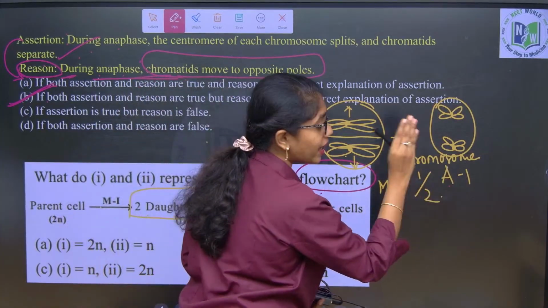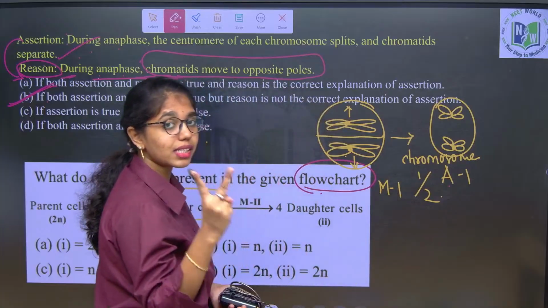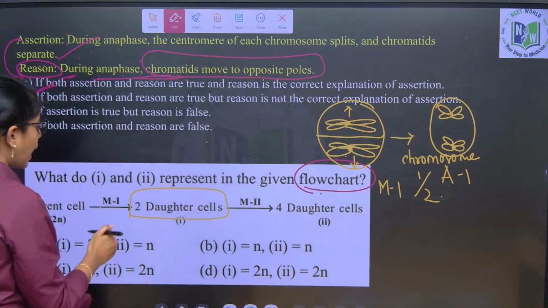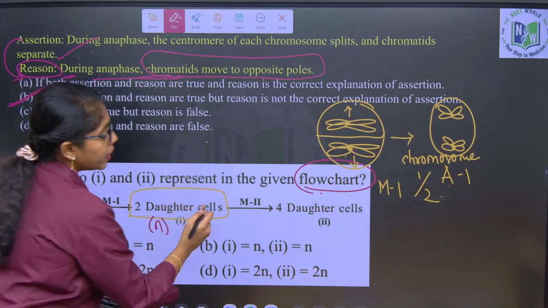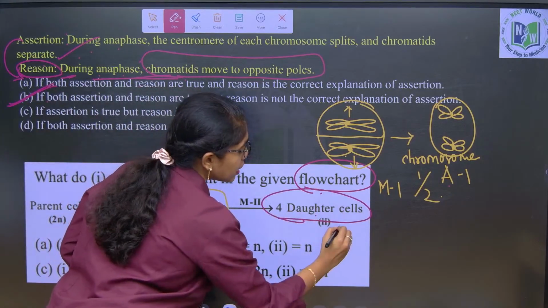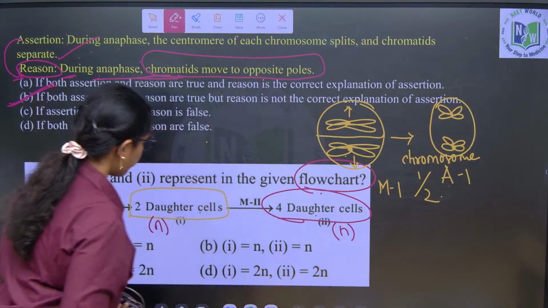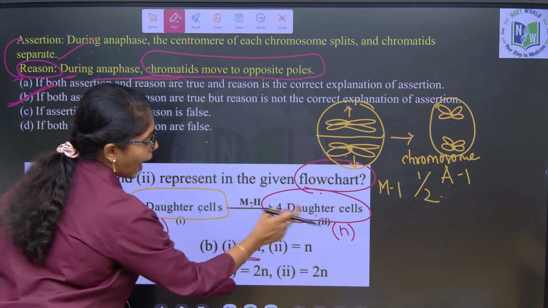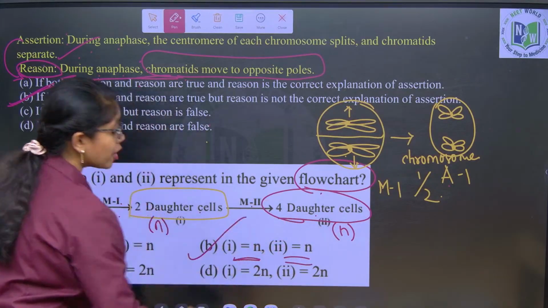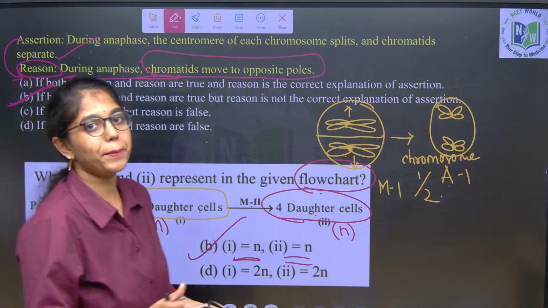In anaphase 1 it is getting halved, meaning the 2 daughter cells after telophase 1 have half the set of chromosomes, so it is haploid. From here to here, the 4 daughter cells are also haploid. So after meiosis 1 it is haploid, after meiosis 2 also it is haploid, so we have to go with option B.